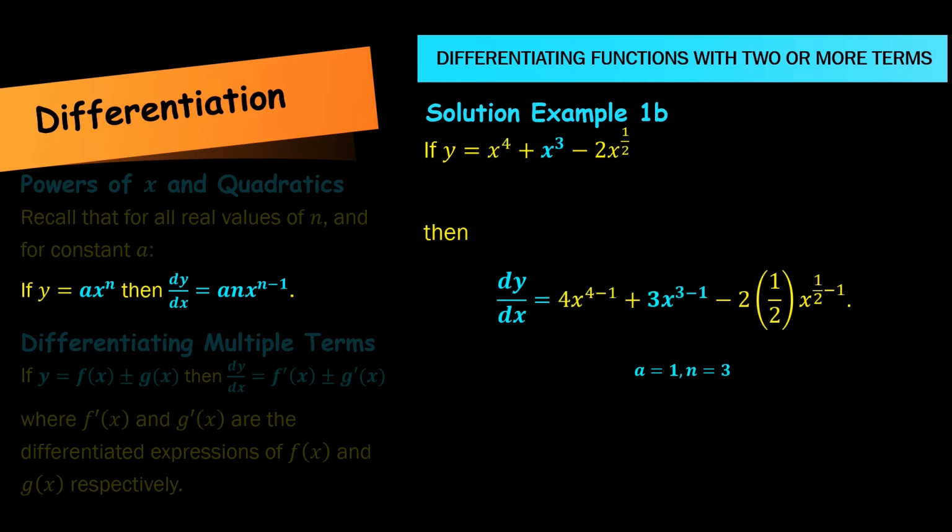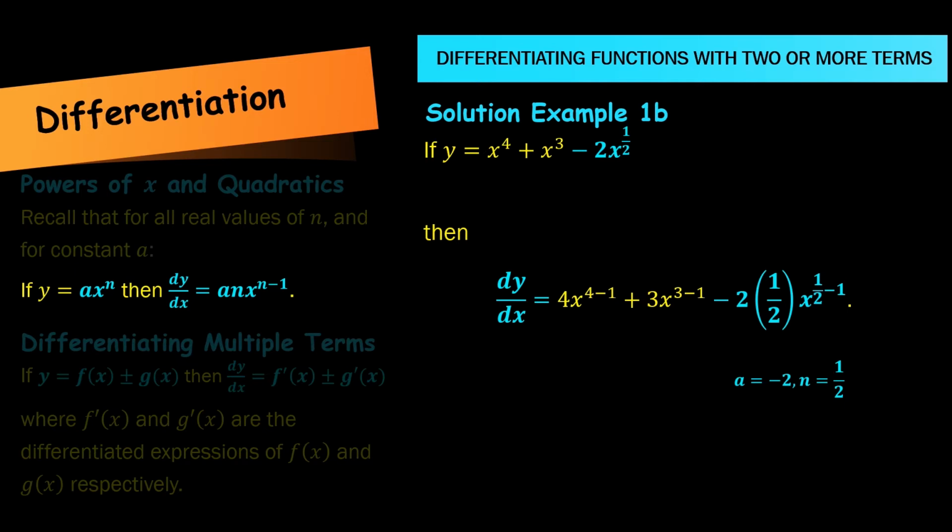For the term x cubed, we have a equals 1 and n equals 3, and hence dy dx equals 3 times x to the 3 minus 1. And finally for the term minus 2x to the power a half, a is equal to minus 2 and n is equal to a half.